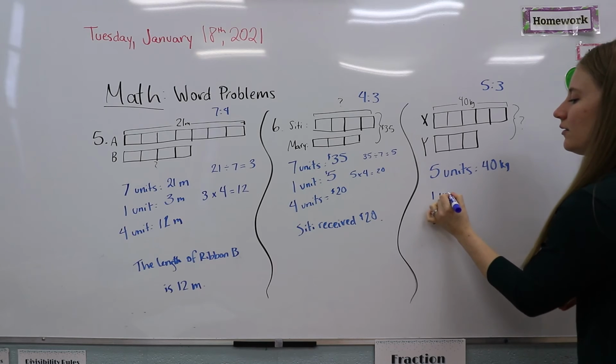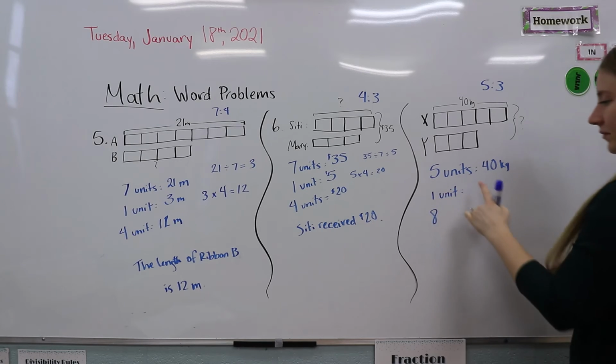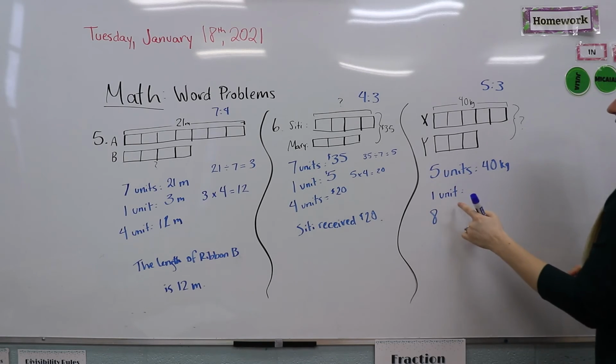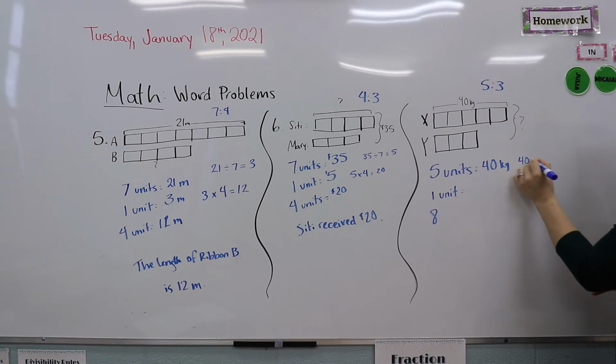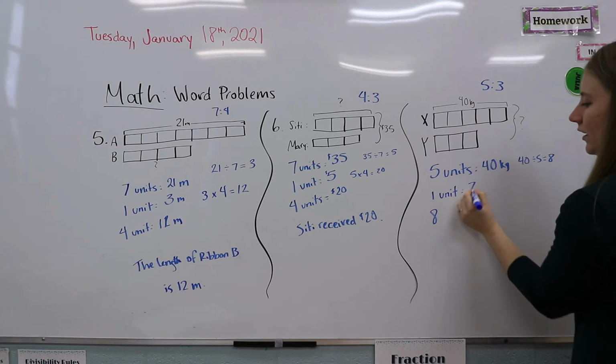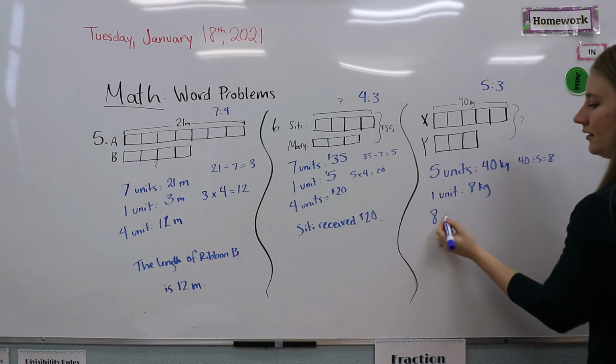Okay? So, again, in order to get from 5 units to 1 unit, we need to divide 40 by 5, which is 8, okay? So 1 unit is 8 kilograms, okay?